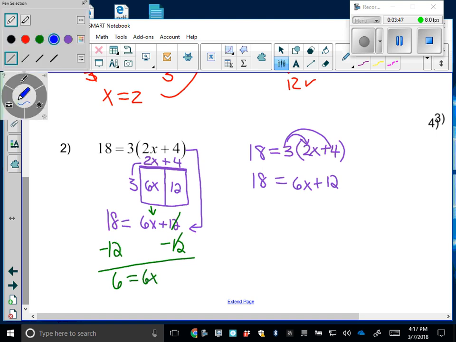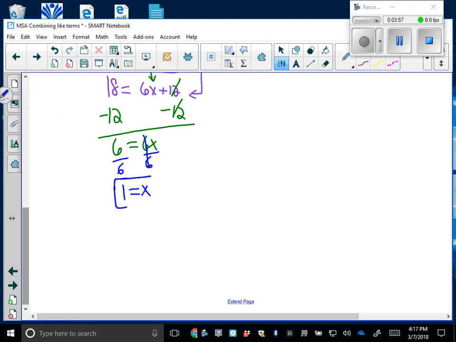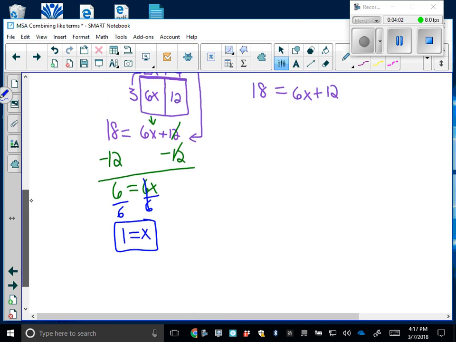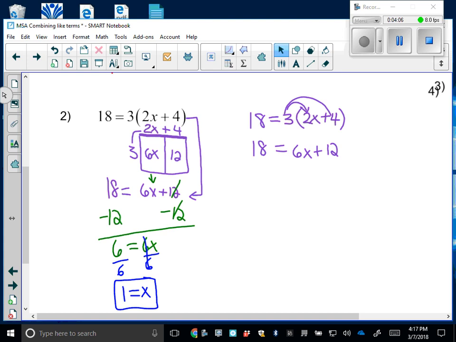Now I'm going to undo the multiplication with division. And I figure out here that 1 is equal to x. That's my final answer. So let's do a few more problems.